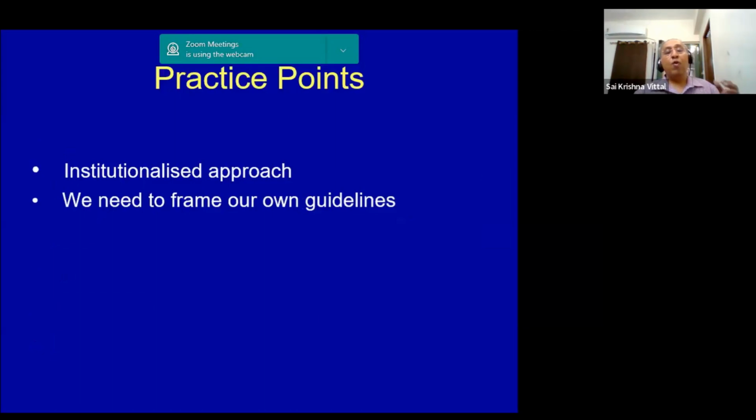Finally, I think we all should have an institutionalized approach. You should know, in our institution, if you get an adrenal incidentaloma, this is the protocol. And finally, I think we need to have our own regional or national guidelines based on the infrastructure our hospital or our region or our country has. And that would be the ideal.